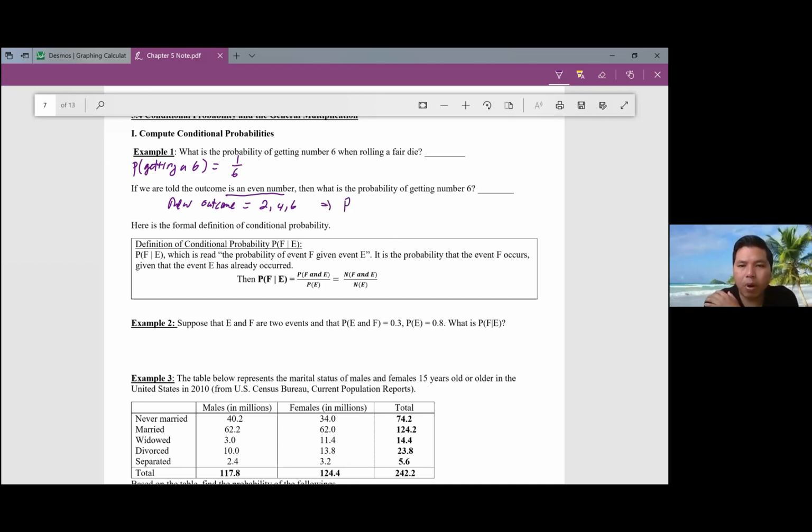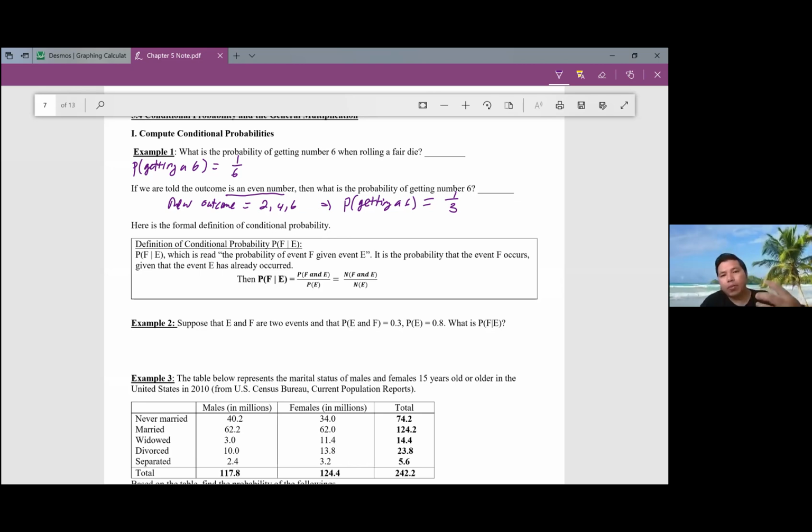So the probability of getting a 6 has increased, which is a 1 out of 3 chance. And this is what we call conditional probability. Make sense? Right? So we focus on the new information from the original problem. Okay.